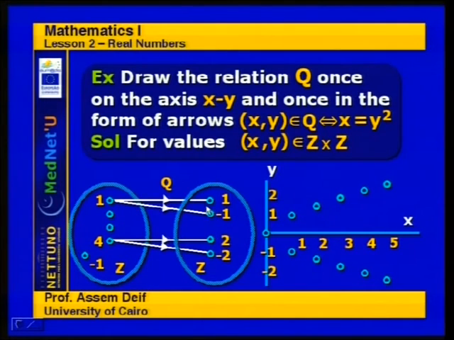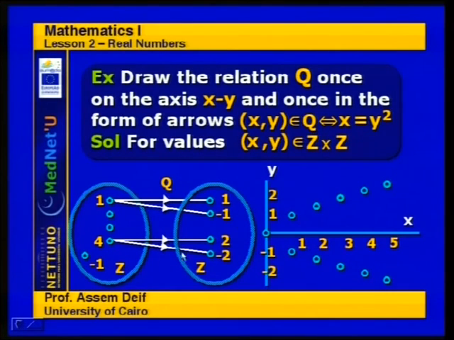This is one drawback. And there is another remark that we make: if x is equal to minus 1, which is an integer, it corresponds to an imaginary y, because we cannot have a y such that y square is equal to minus 1.